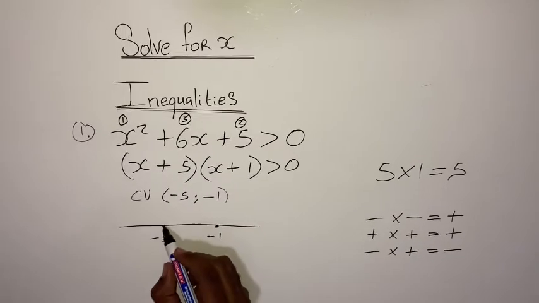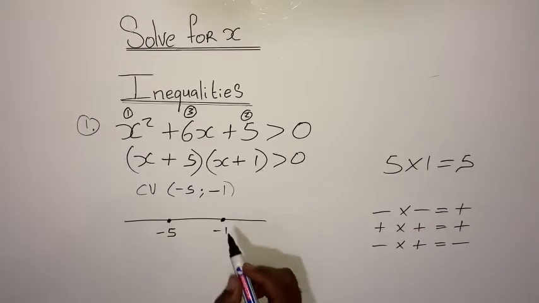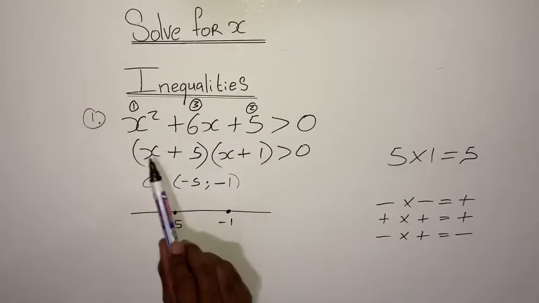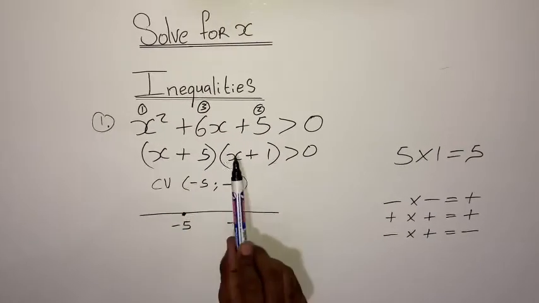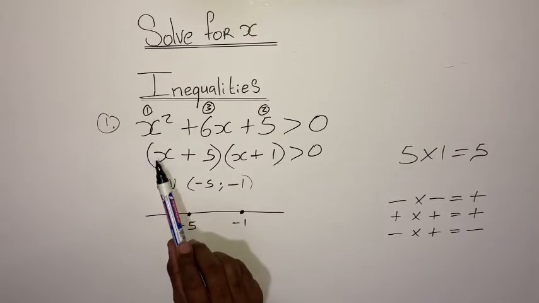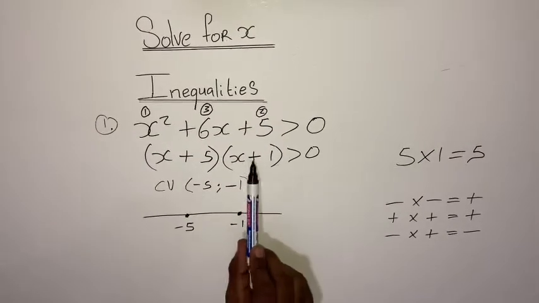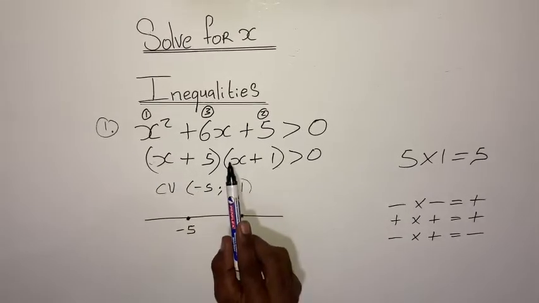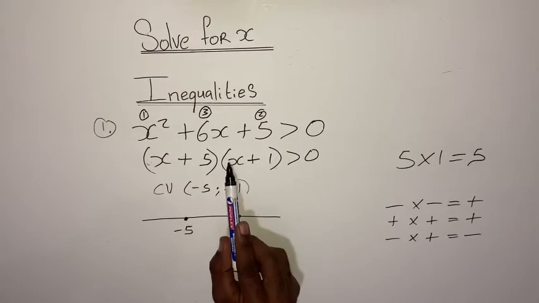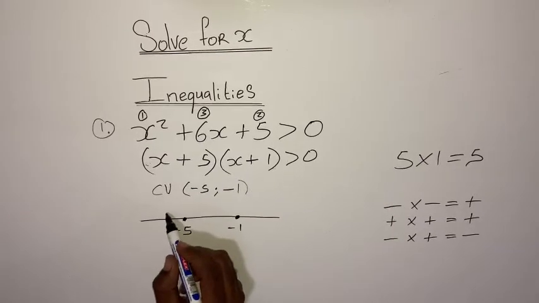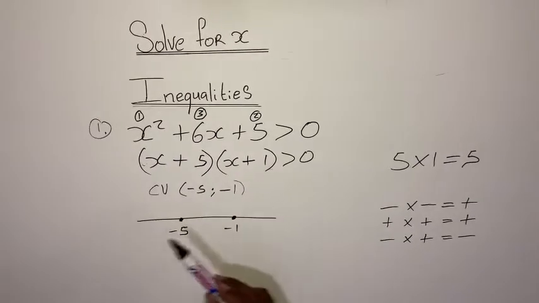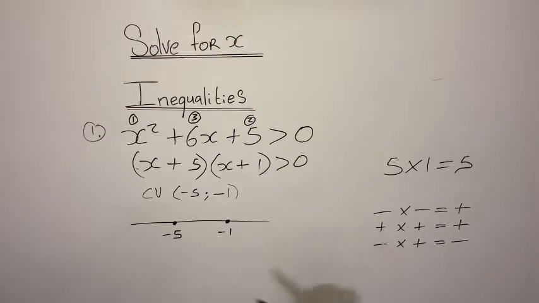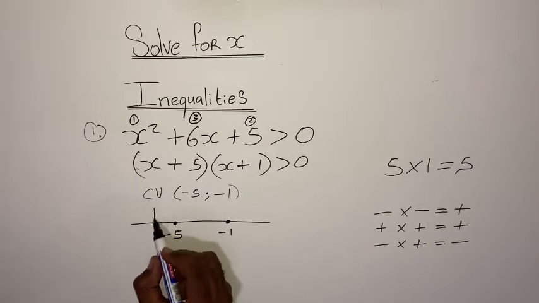From here, we'll have to look into the signs of the x in brackets, whether they have the same sign. I'm looking at the sign of x, not the signs in the brackets. This x is positive, this x as well is positive, meaning that I'll have to start with a positive, because it's what I took from the product rule. When I multiply a positive and a positive, I get a positive. Therefore, the first sign I write here is a positive.